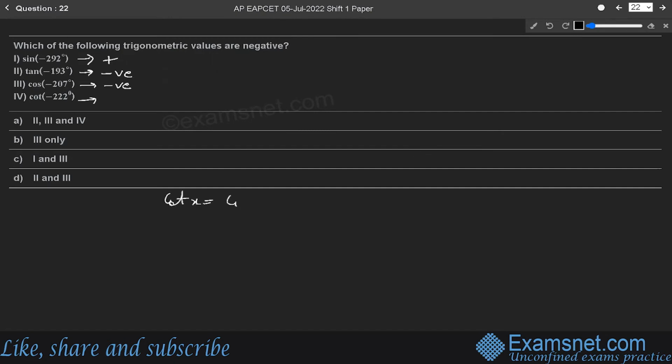So it will also be negative. Therefore, we can say that second, third and fourth options are negative. So option A is the correct option here. I hope this question is clear to you.